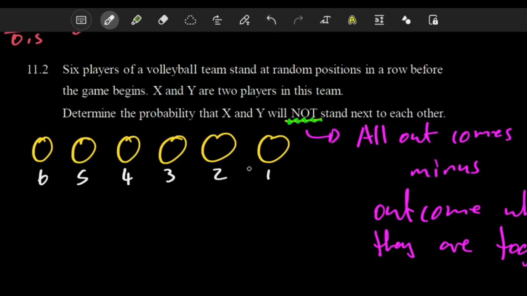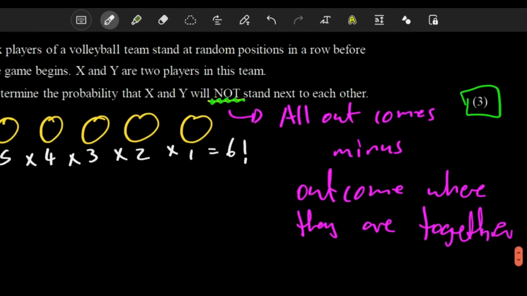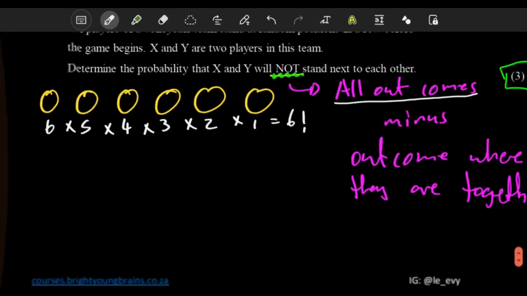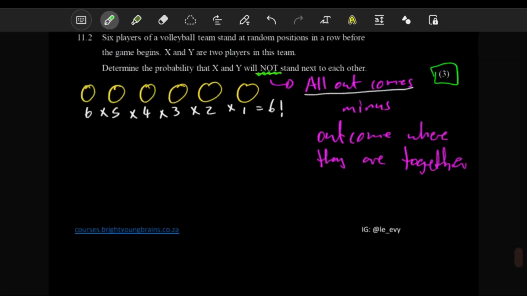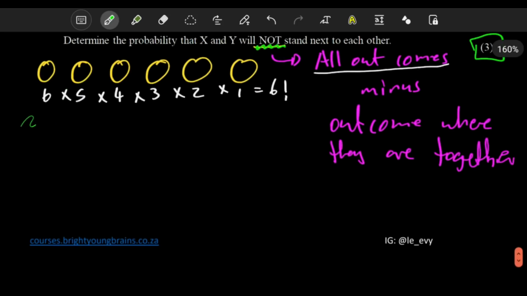These are all the possible outcomes: 6 times 5 times 4 times 3 times 2 times 1. This is just 6 factorial. That's all the outcomes. Now the outcomes where they are sitting together, let's say here together.